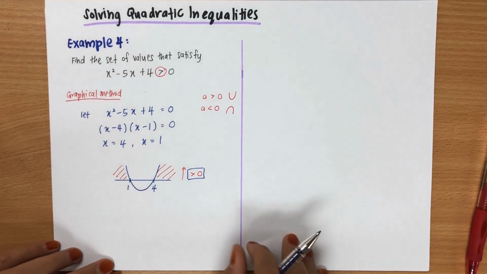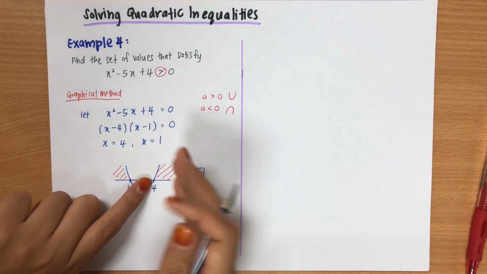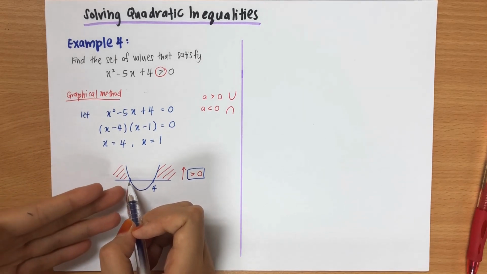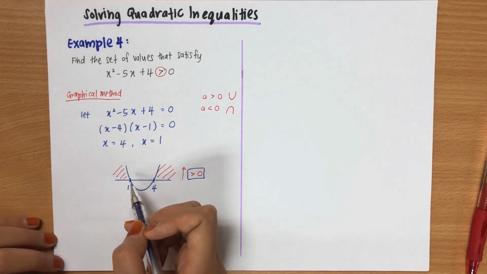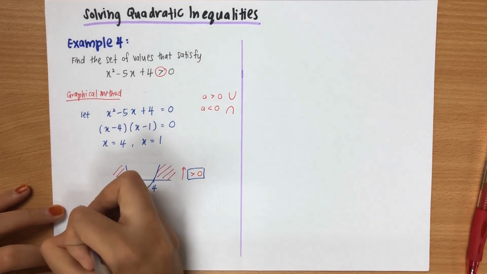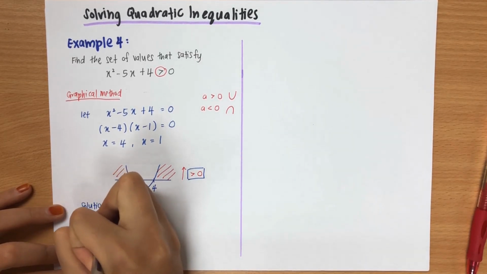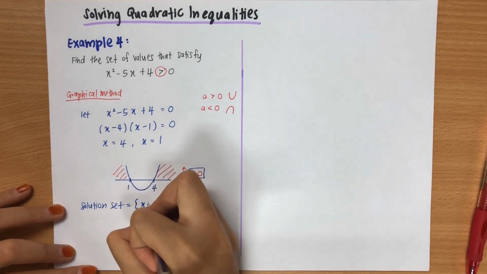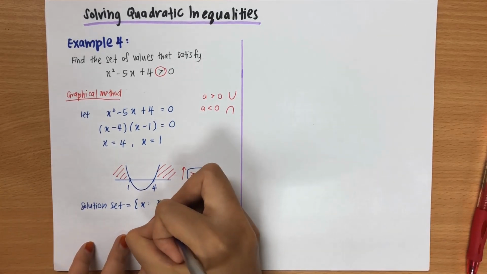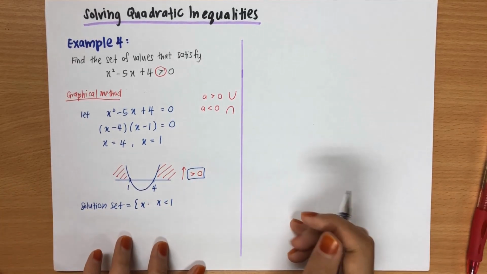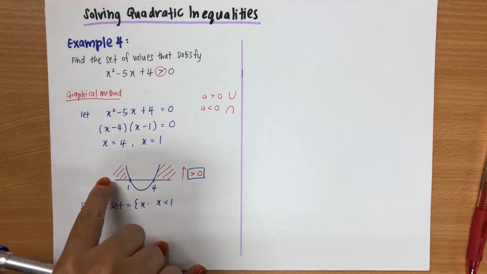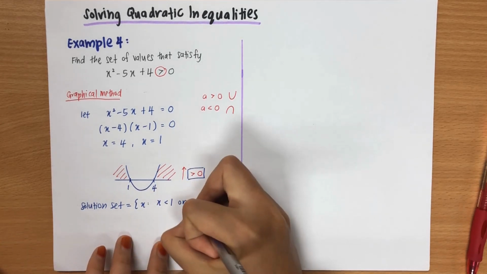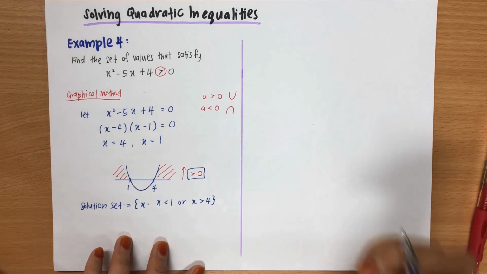Hence, the solution that we are going to take is the one to the right side of 4 and the values of x moving to the left side of 1, that is smaller than 1. So the solution set is x such that x is less than 1 or x is greater than 4. So that is the answer.